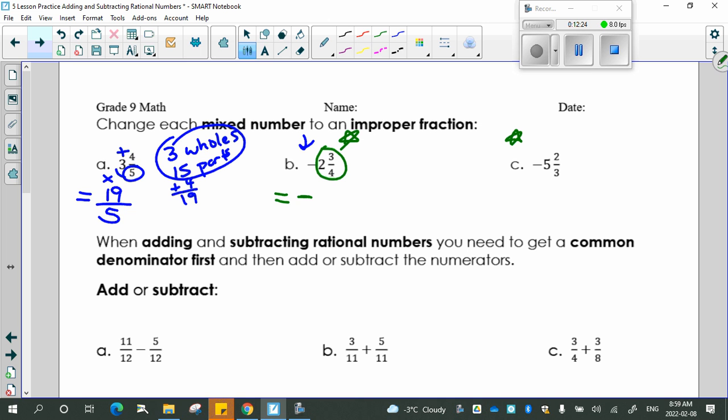Now that negative number is going to be whatever 2 3/4 is as an improper fraction. Anyone know what 2 3/4 is? Yeah? 11/4. So 4 times 2 is 8, plus 3 is 11, or 2 wholes is 8, plus 3 more is 11. Okay? All right, lovely.